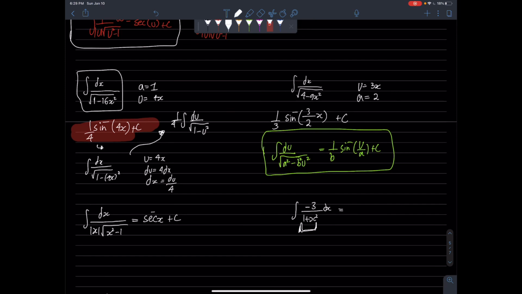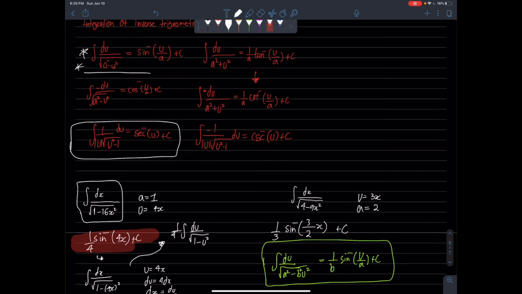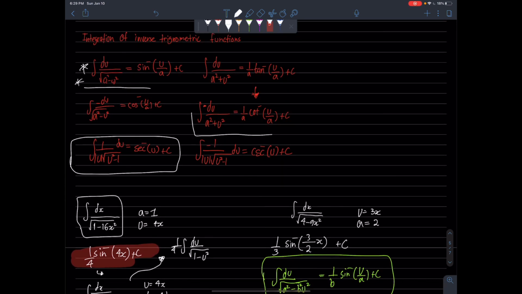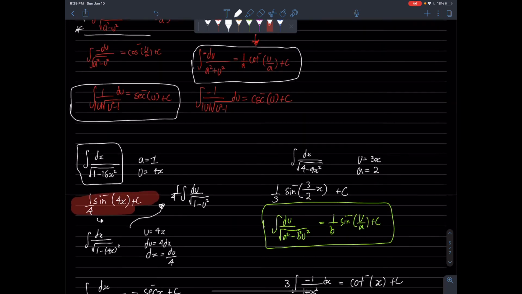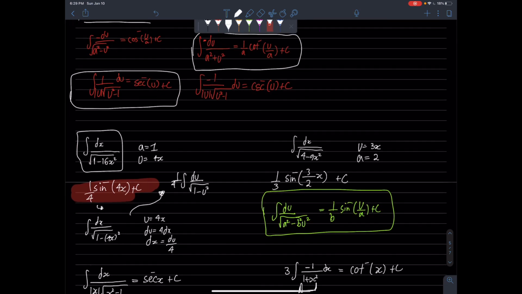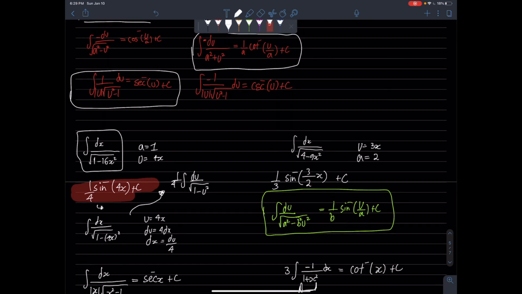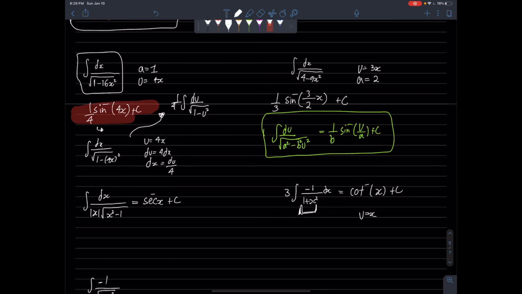It's a negative, so it's going to be cotangent. Is that right? Cotangent is just a negative. Yes, it is. So it's just going to be cotangent inverse of x plus c. Let's double check, and we are right. A is just 1, so we don't have to do it. So you see u here is just x, a is just 1.